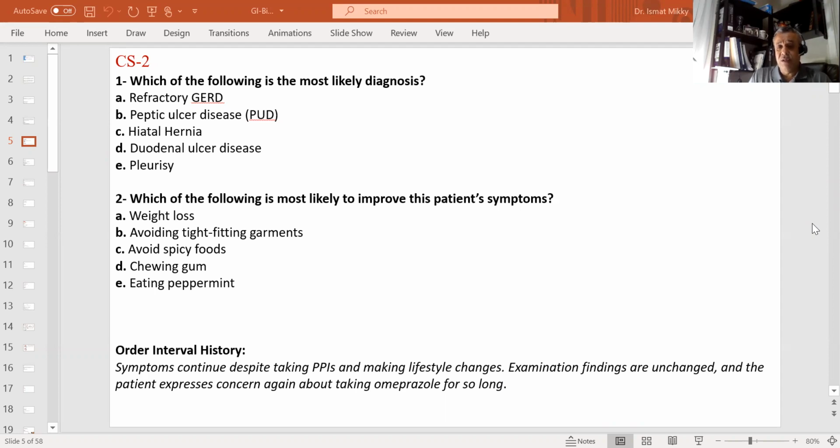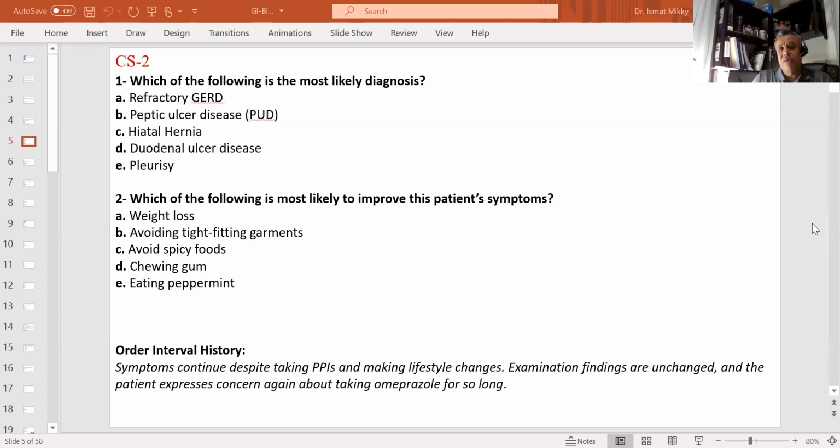This patient has also been on an optimal PPI therapy without any improvement, and therefore can be labeled as refractory GERD, which is disease that is refractory to the usual treatment.